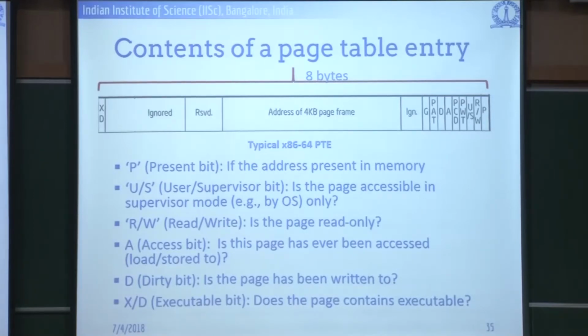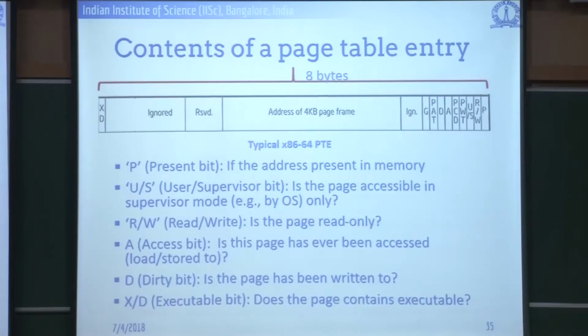This is the present bit. It tells whether the page frame is in physical memory or not. We'll see how we use it a little later when we talk about operating systems. Then we have the user/supervisor bit, which tells if that page is accessible only by the operating system or by the user as well.